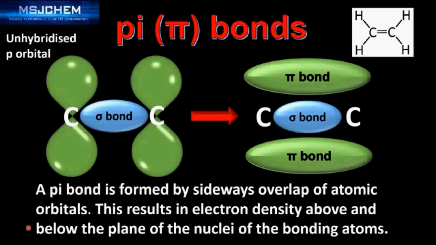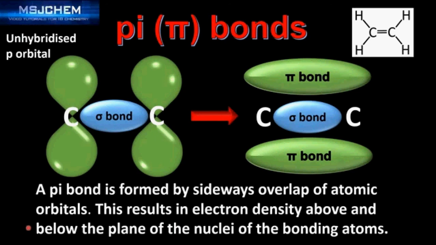It is the pi bonds, the green ones. The green overlap is the lateral, sidewise overlap, that is pi bonds. Pi bond formation occurs with sidewise overlap, and the blue color, that is axial overlap, is the sigma bond.